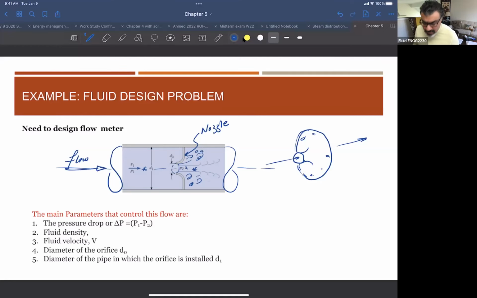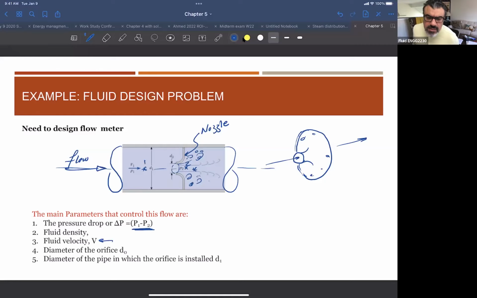So we know that this pressure drop between point 2 and point 1 will be different if you have a different flow. More flow gives a different pressure drop, which means different flow means different velocities.